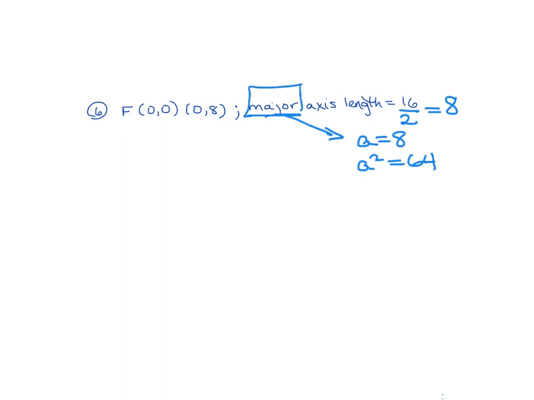Because it's a major axis that they're giving me, that's my a squared. So now what I'm going to do is graph these 2 focus points. I've got a focus at 0, 0, and then I've got another one at 0, 8. So 1, 2, 3, 4, 5, 6, 7, 8.